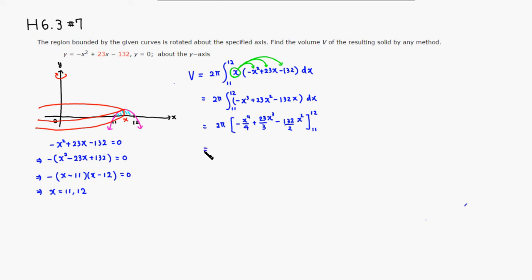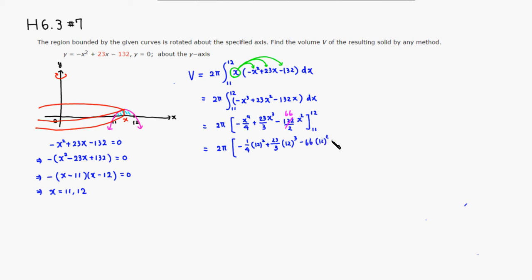So we're going to have 2 pi, then plug in 12. So it's going to be negative, maybe I'm going to write it as 1/4 times 12 to the 4th, plus 23 over 3 times 12 cubed, and this guy is 66, so minus 66 times 12 squared.